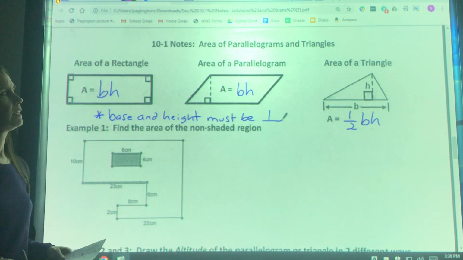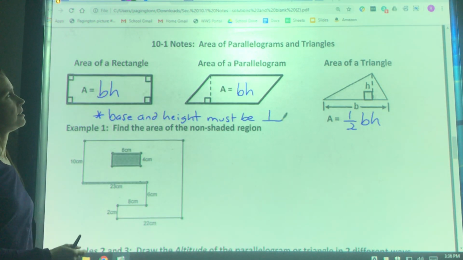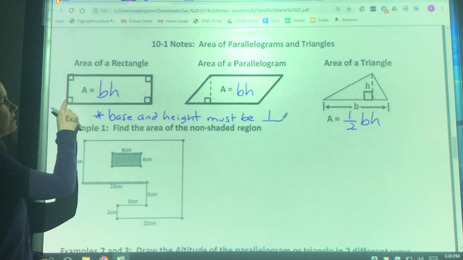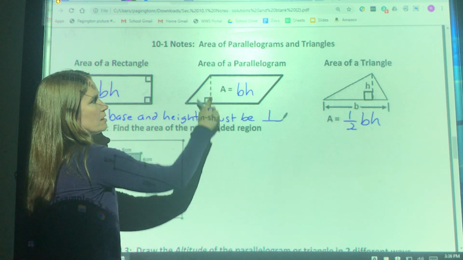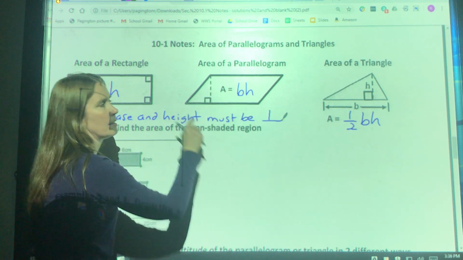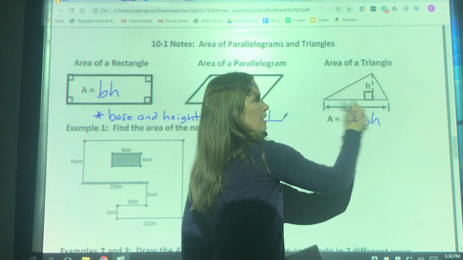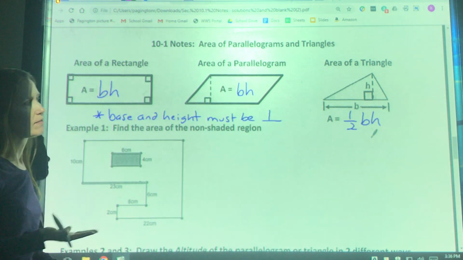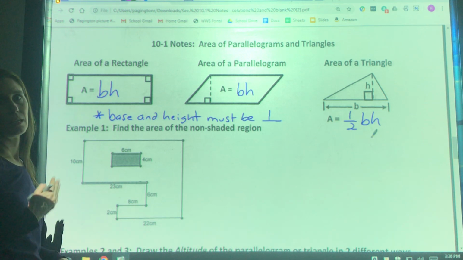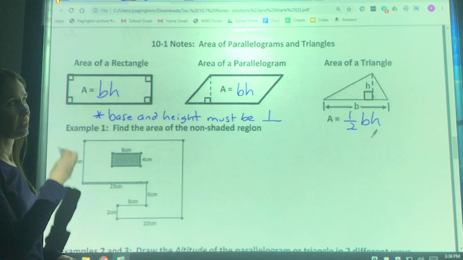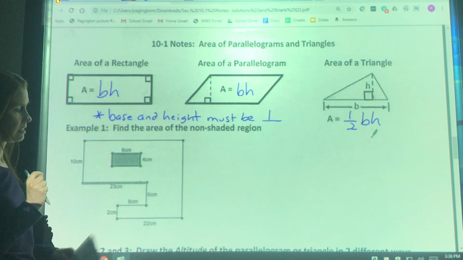So again, you can see in all of these cases that the height is forming a right angle with the base. In this case, here's the height forming a right angle with the base, and here's the height forming a right angle with the base. So you must have the base and height perpendicular, or the height forming a right angle with the base, when you're picking the numbers to plug into these formulas. So that's a key thing.